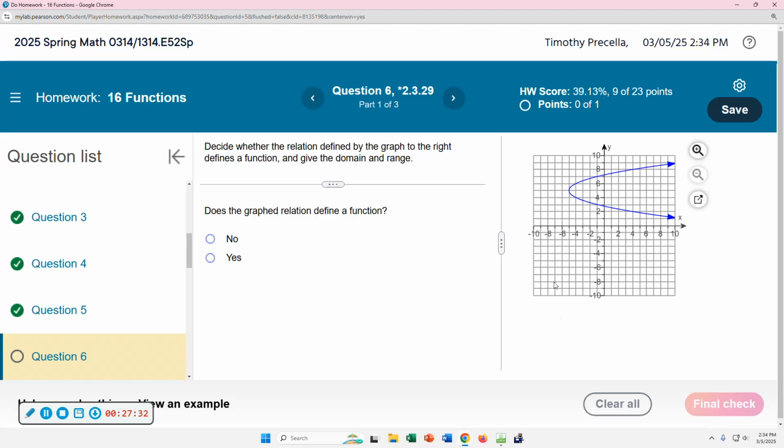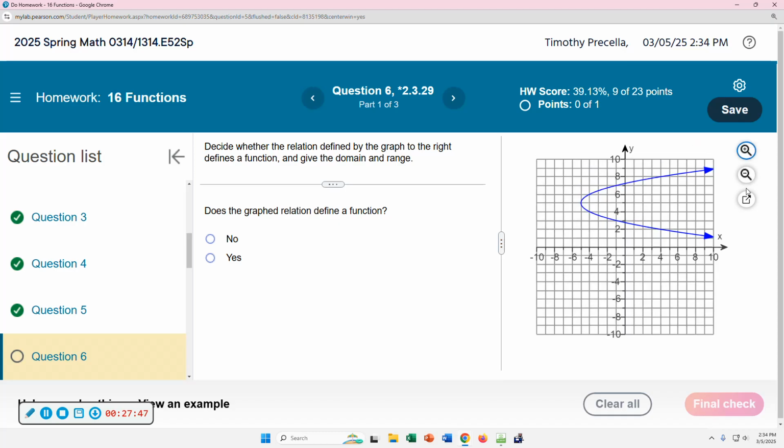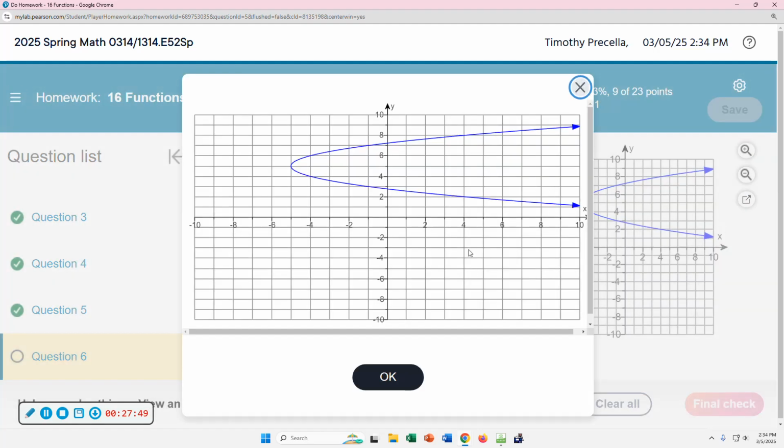It doesn't go left and right forever, does it? It goes to the right forever, but where does it stop going to the left? Right there, that point. I'm going to blow it up and see what happens. I like this one better, okay? Blowing it up. So it's not going way over here to the left.